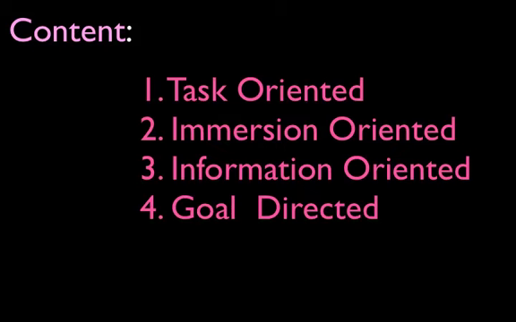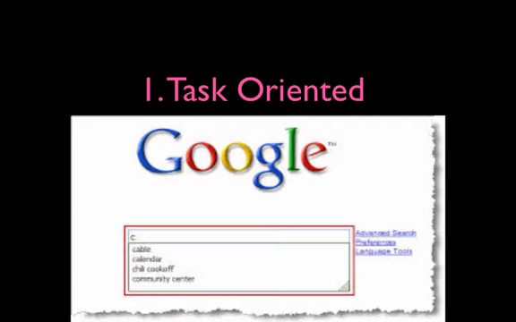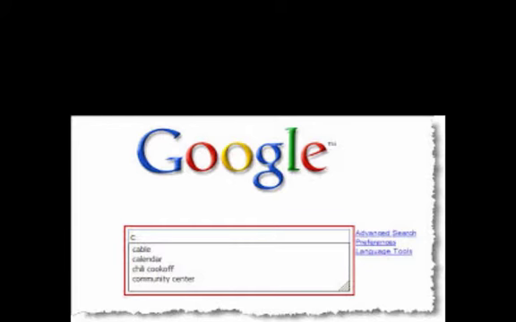The content of successful websites itself usually is created with one of these 4 approaches in mind. The first one is to be task-oriented, so for them to complete a single task by engaging with the site. What task do you want them to complete? And more importantly, why are they completing this task?